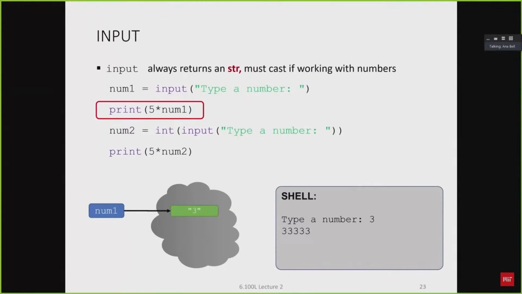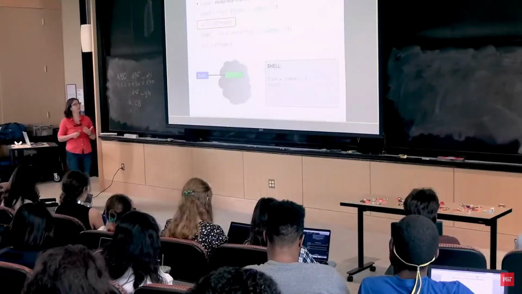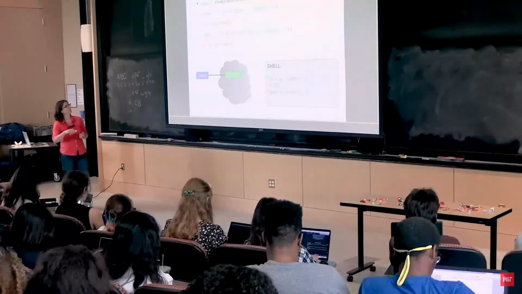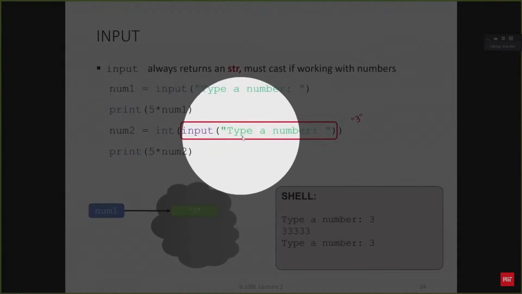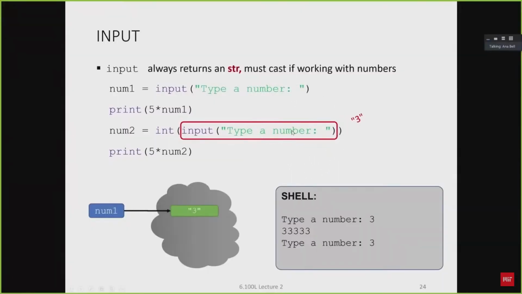If we want to work with an integer, we have to wrap our input statement with a cast statement. Again, this is what Python does. We can combine expressions together. In this case, we're going to combine the casting with the input statement. So now the user can type in 3 again. The input itself is going to be the string 3, but that line becomes num2 equals int of the string 3, and I did that on the shell a little earlier today.